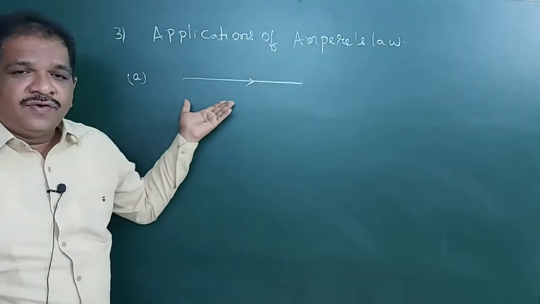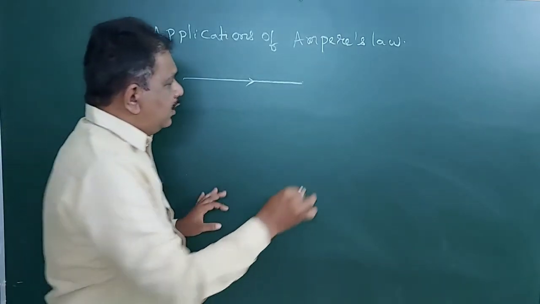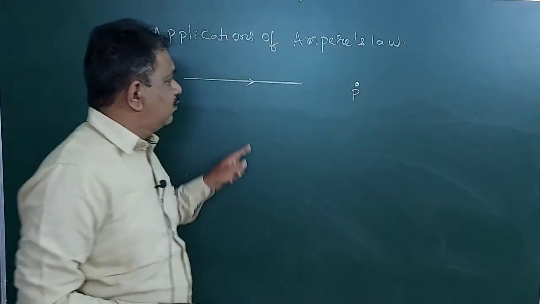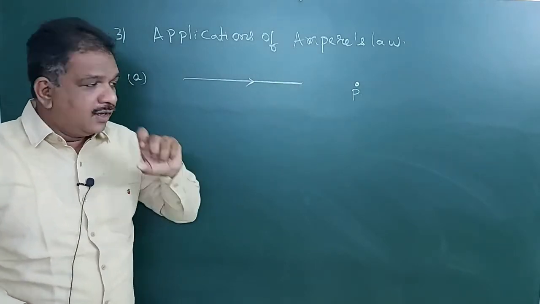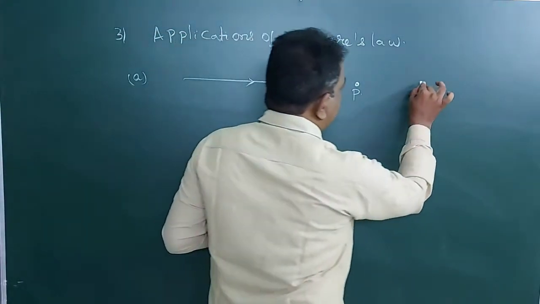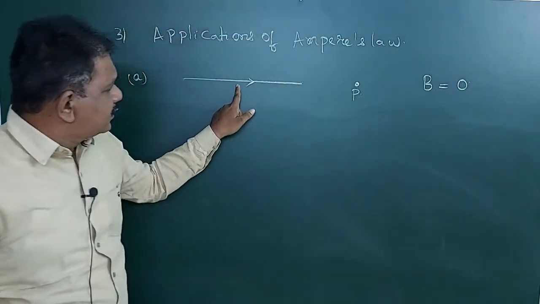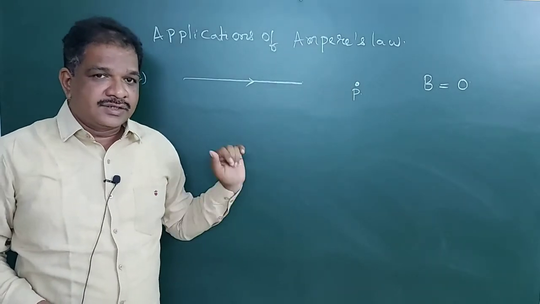It may be a finite wire or an infinite wire. If I take a point on the same line as the wire, the induction will be equal to 0 because of this wire. Here there will be no induction.